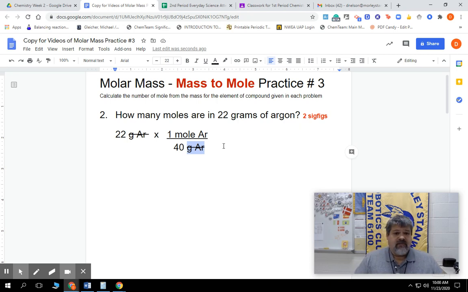So we need to get rid of any units that we have on top and bottom. If you don't strike it out, it's going to be wrong. So don't rush through these. Make sure that you're showing how to do them all the way through.